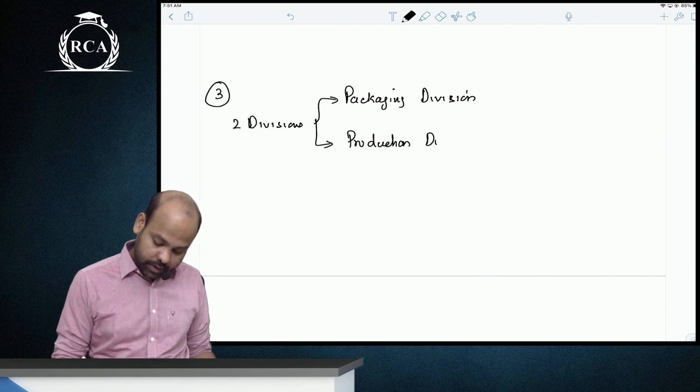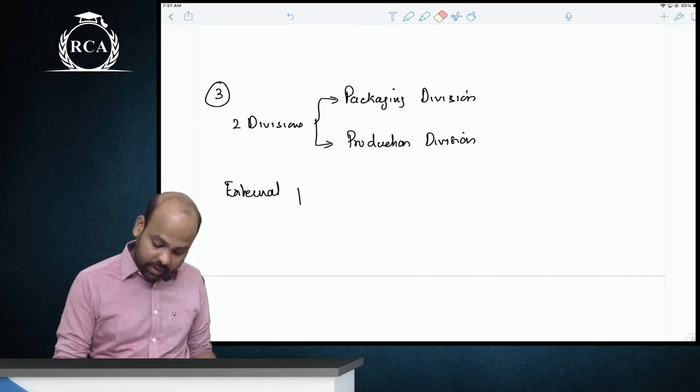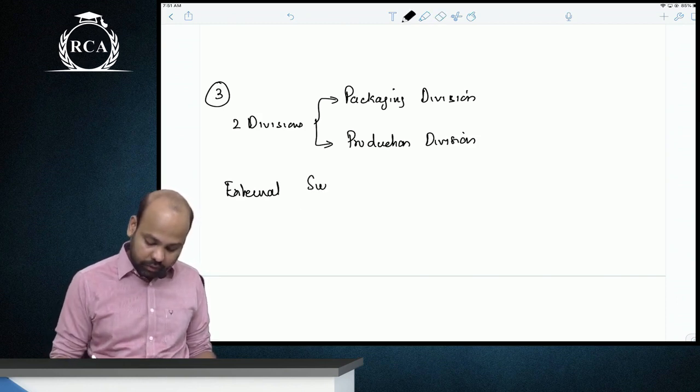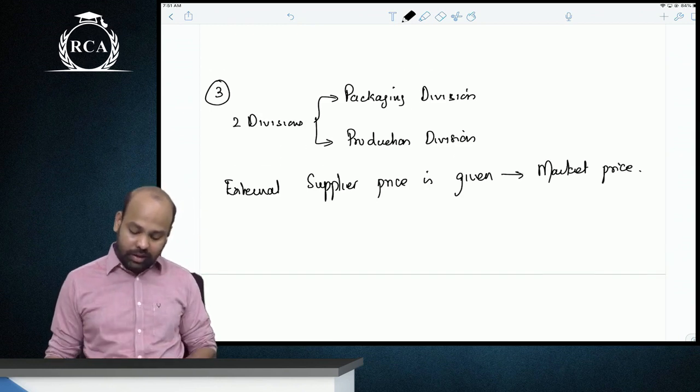The external procurement price is given. If you want to purchase from outside, this would become the market price.